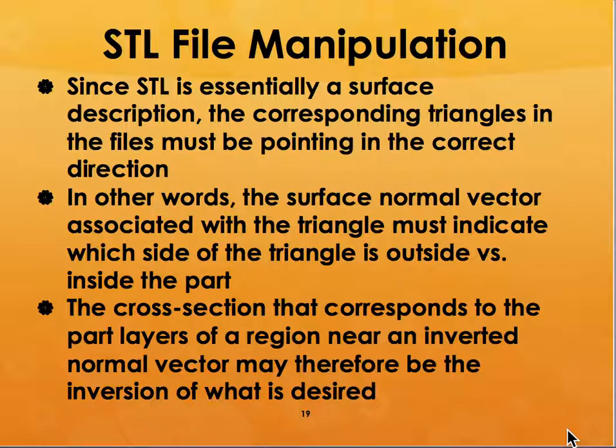Which means that there has to be a normal vector associated with the triangle, and which side of the triangle is outside versus inside the part. That will tell you how the layer of material is going to be laid down.